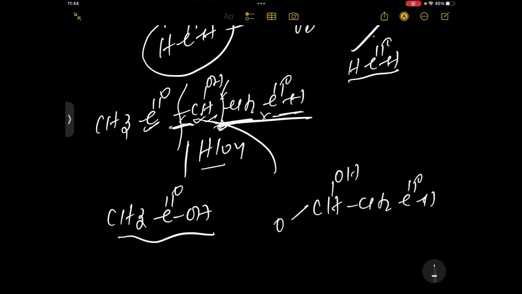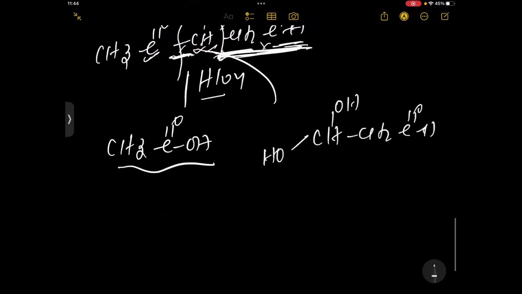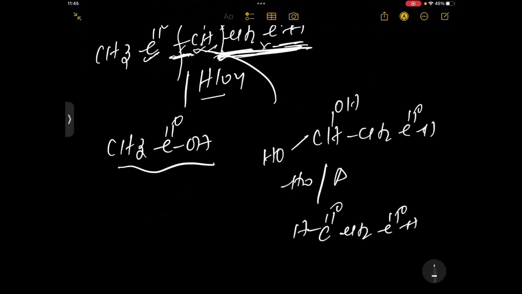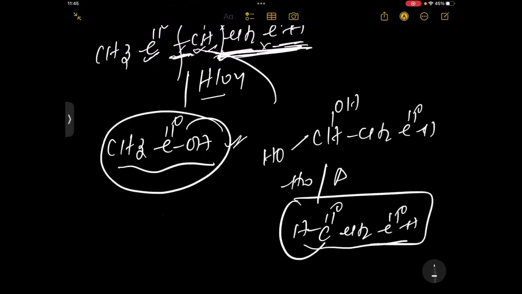Understood, na? The bond will not be broken here, so only this bond will be cleaved. So what happened? The 2 H group is there, so it will supply, and then you will get formaldehyde like that, CH2, C double bond O, H group. You will get that compound, and the second, acetic acid. You will get that.